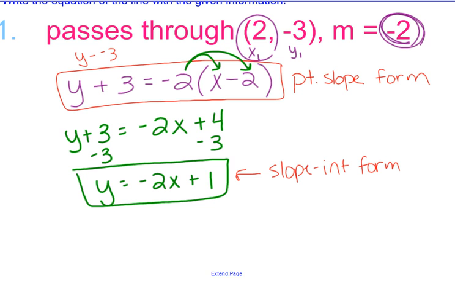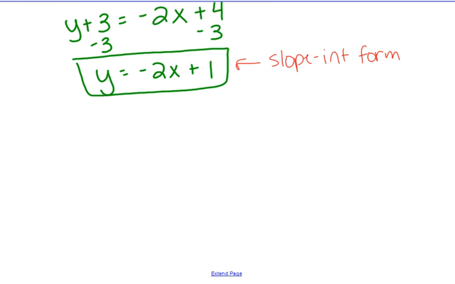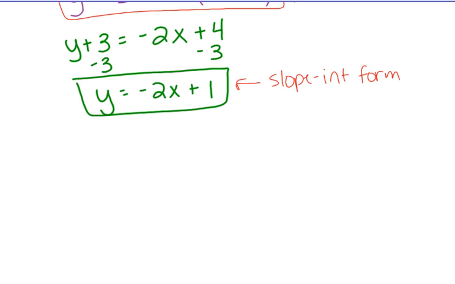So from slope-intercept form to move to standard form is actually pretty easy. We now just have to move this 2x to the other side. Remember, standard form, we want to have an x, a y, an equal sign, and a number. So I'm going to actually add 2x to both sides. And when we're doing this, remember, you can't actually add y plus 2x because they're unlike terms. So I would choose to write the x first.